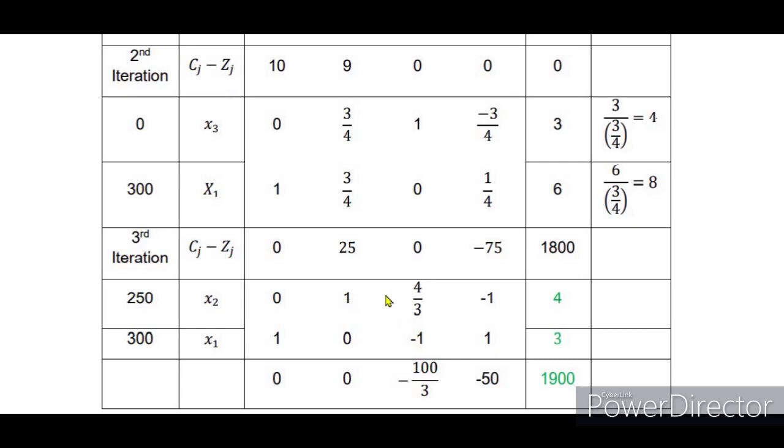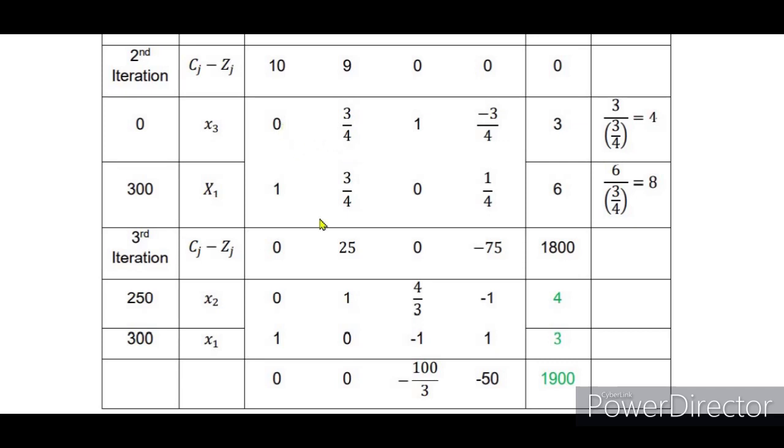Okay, so the pivot element now is 3/4, because it belongs to the row of the smallest theta and it belongs to the x sub 2 column. Okay, so we will just simply divide all the elements in this x sub 3 row by the pivot element, which is 3/4.